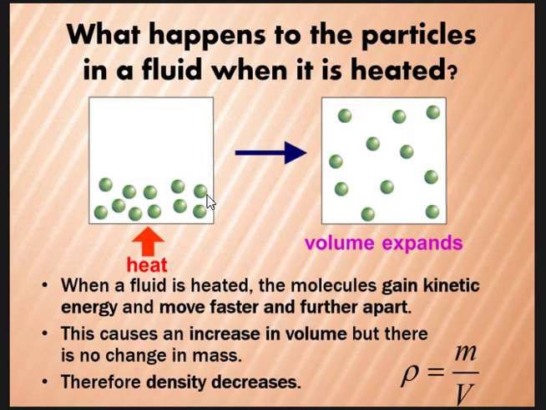That is wrong. Okay? The idea here is that this group of fluid, which is made up of all these particles, when heated, will start to move further apart. So when they move further apart, they occupy more volume, and therefore it is the density of this group of fluid that actually decreases.